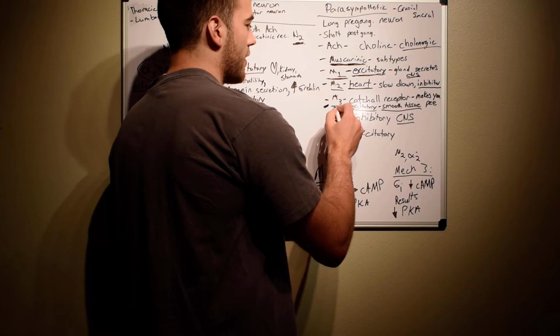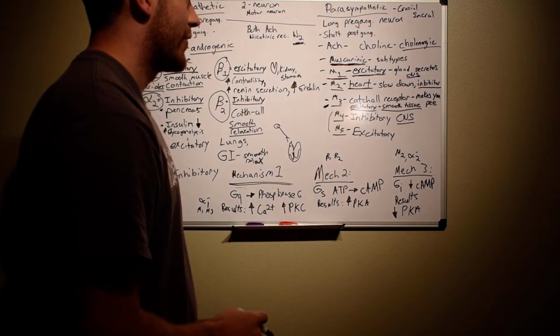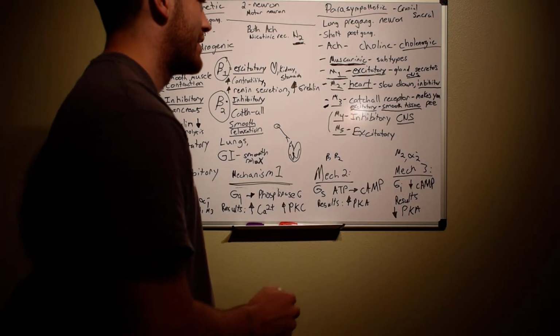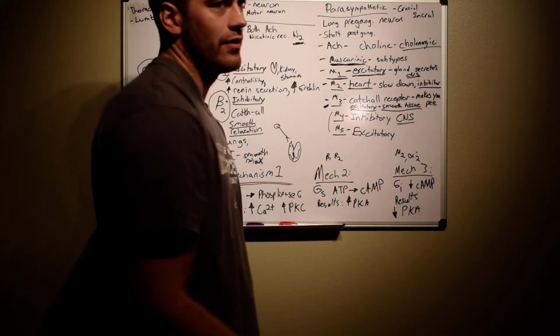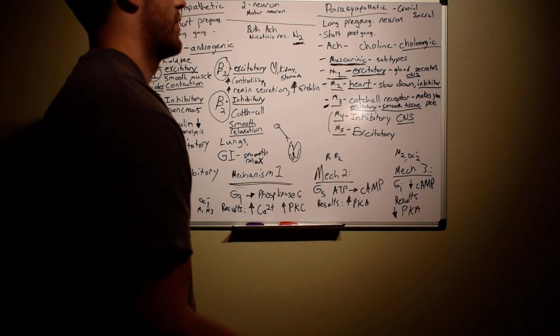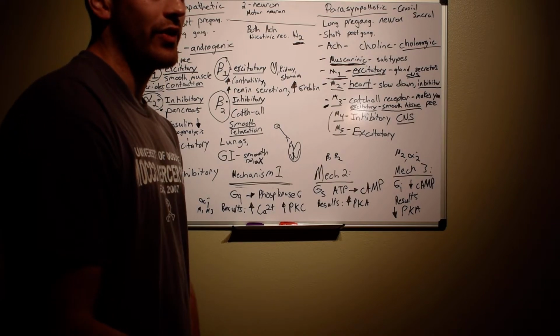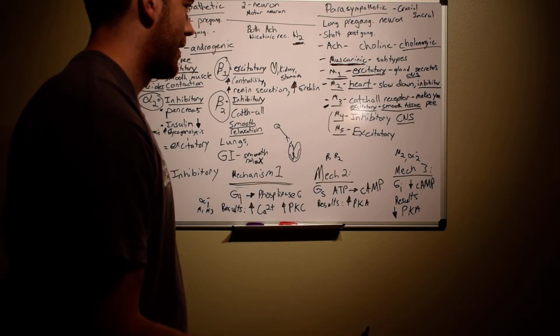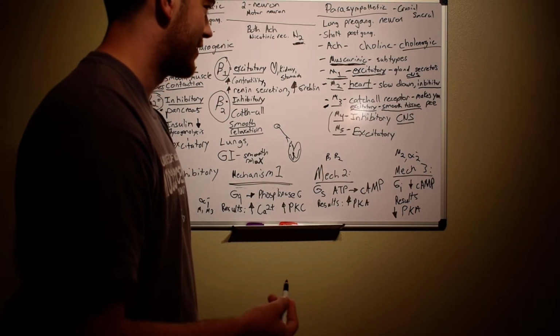The M3s are what I call the catch-all receptor, okay? The other way I remember this is that it's an excitatory receptor, and M3 makes you pee. M3 makes you pee. He gave a really good example in class, which I'm sure nobody paid attention to, because I didn't really catch it either.